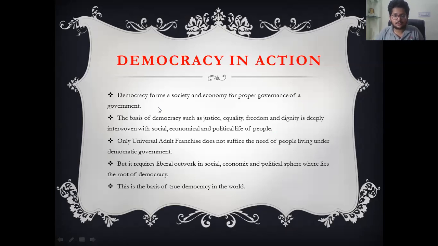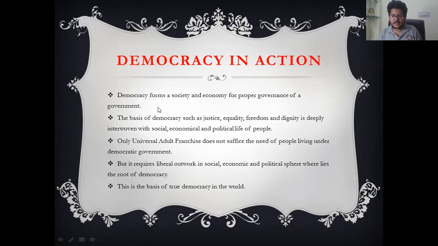The basis of democracy, such as justice, equality, freedom, and dignity, is deeply interwoven with the social, economic, and political life of people. What is the basis of democracy? The democracy is directly or indirectly linked to the justice, equality, and freedom of the common people.